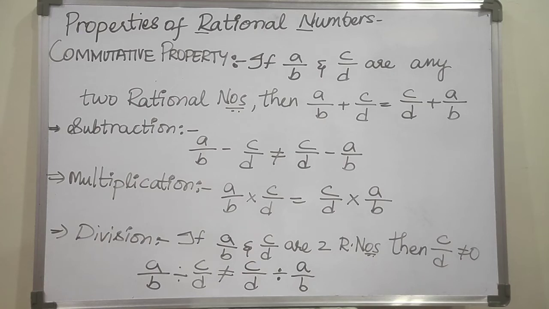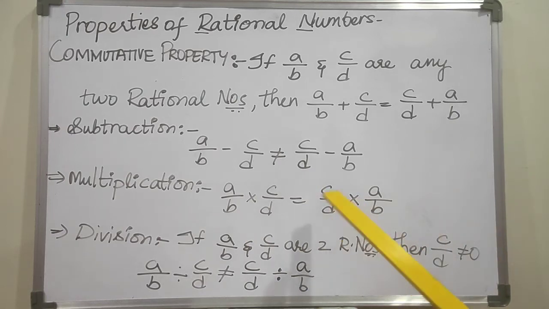Now we shall see how to multiply two or more rational numbers. The commutative property under multiplication is: if a by b and c by d are two rational numbers, then a by b into c by d is equal to c by d into a by b. You have to remember the rule of multiplication under commutative property, then only you are able to do the problems.